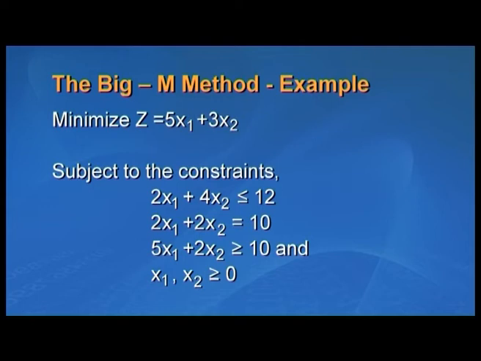Minimize z equal to 5x1 plus 3x2, subject to the constraints 2x1 plus 4x2 less than or equal to 12, 2x1 plus 2x2 equal to 10, 5x1 plus 2x2 greater than or equal to 10, and x1, x2 greater than or equal to 0.